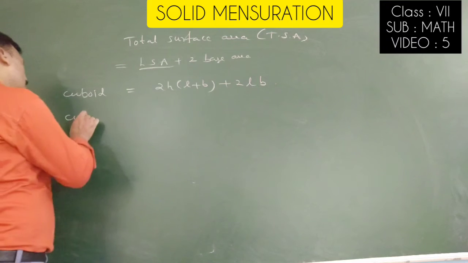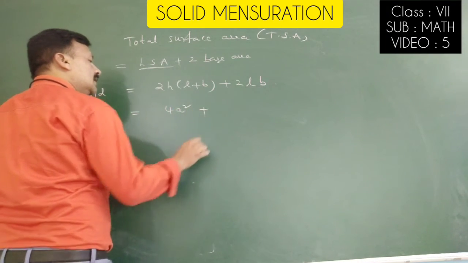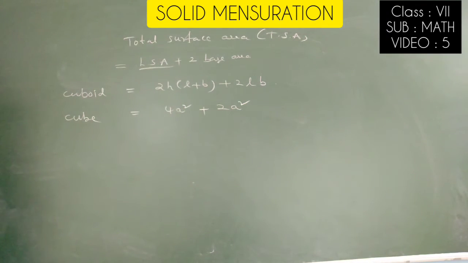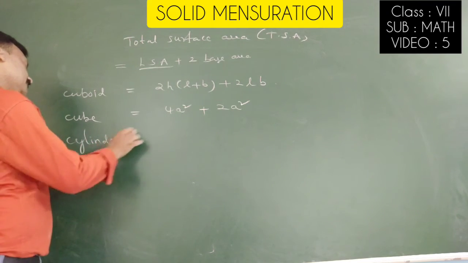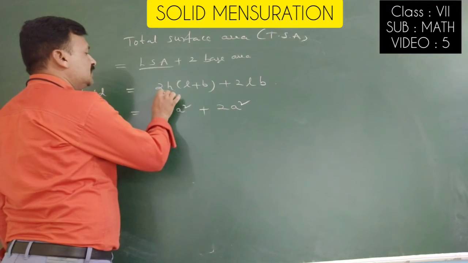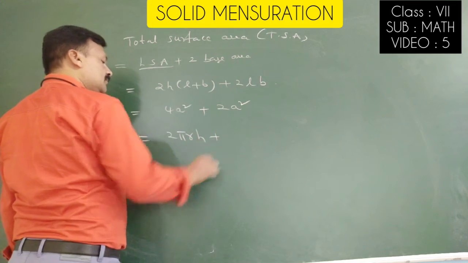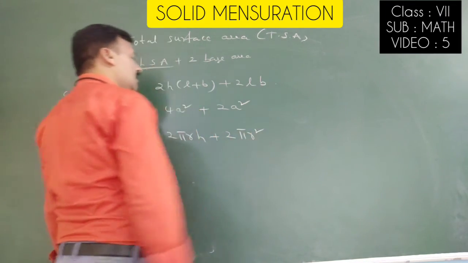Next, cube. For cube, 4A square, again plus 2 times the base area. The base is in the shape of a square, that's why its area is A square. 4A square plus 2A square. In case of cylinder, LSA is 2 pi r H plus 2 times the base area, 2 pi r square.